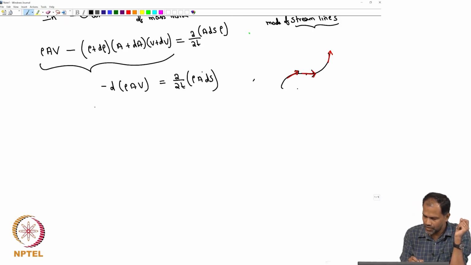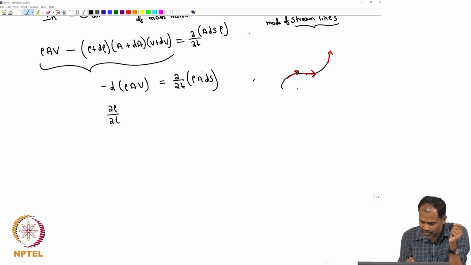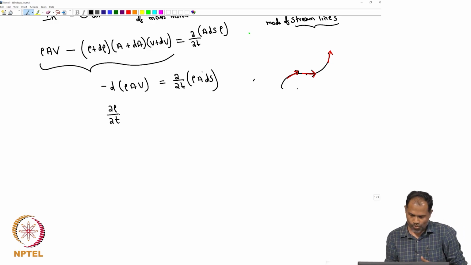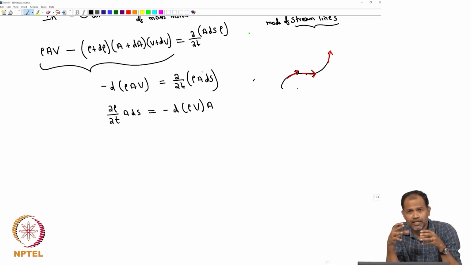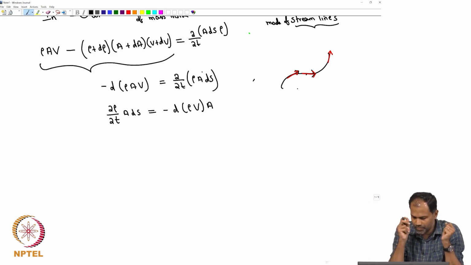Or for the given element, we could therefore write it as del rho by del t times A into ds is equal to minus d of rho V times A. So, A is the particular area that you have considered and ds is the differential length of the fluid element that you have considered.